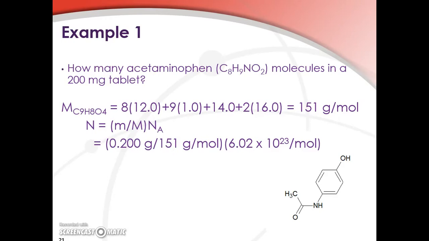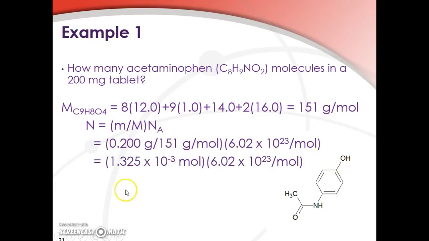Substitute into our new combined equation, giving 0.200 grams divided by 151 grams per mole times Avogadro's number. Gives us 7.97 times 10 to the 20 molecules.